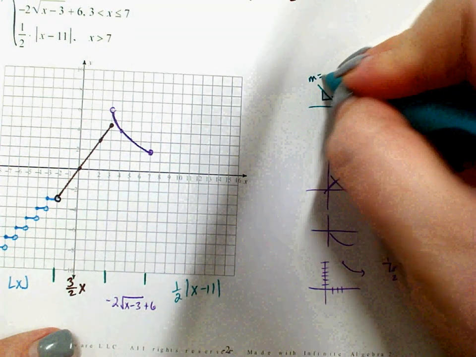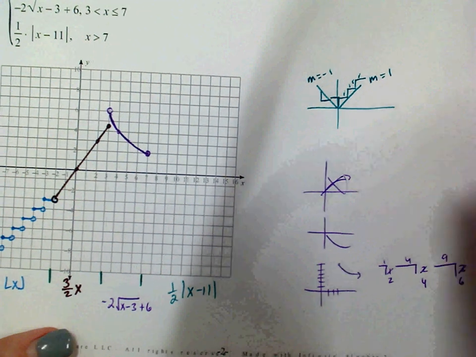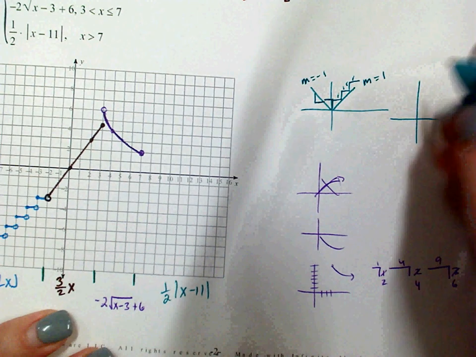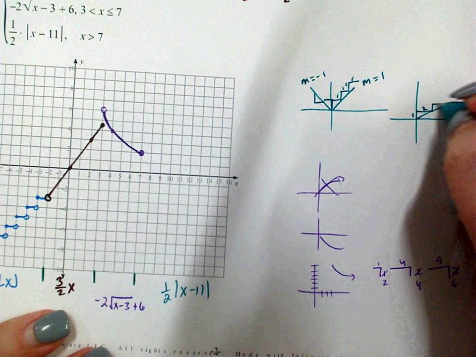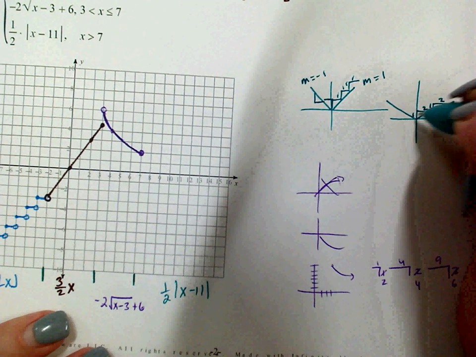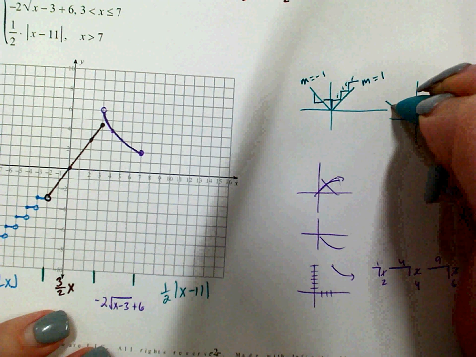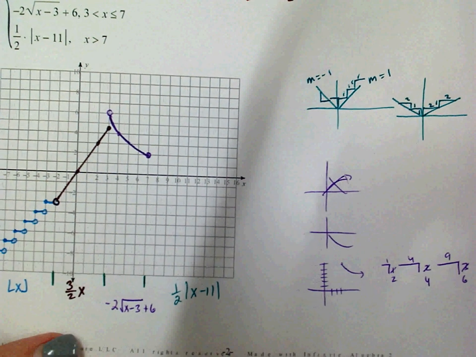Well, when you put a 1/2 in the front, that literally means when we graph it, you go up 1 over 2, up 1 over 2, and then you just go in the opposite direction on this side. Up 1 to the left 2, up 1 to the left 2. Okay? So I'm going to go to the right 11, which is what that minus 11 means. Put a point.